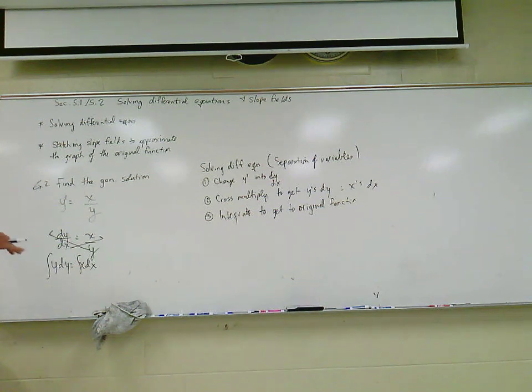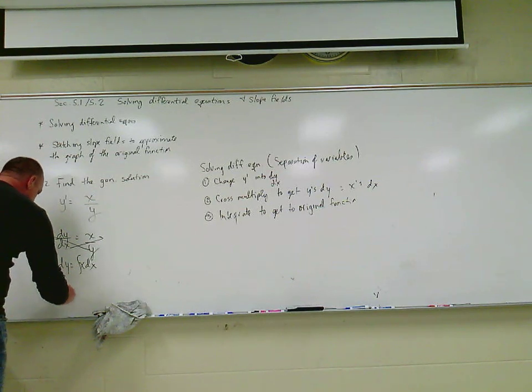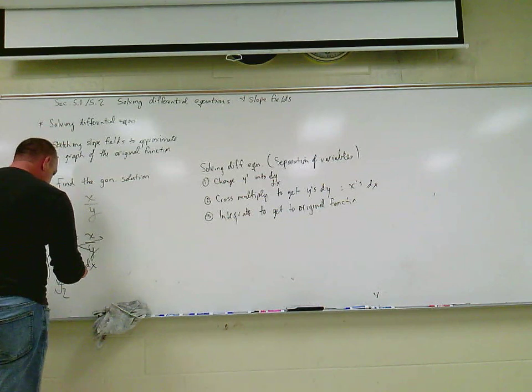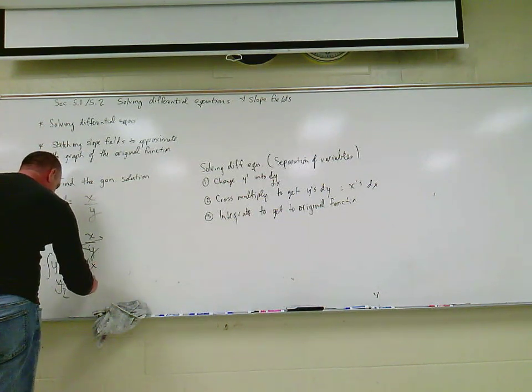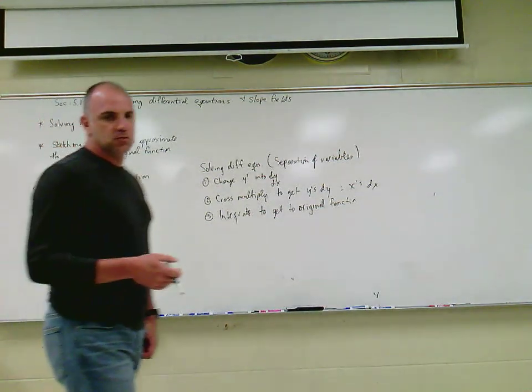Since the left has a y with it, I still have to do that. So what's the integral of y with respect to y? We would say y squared over 2. What's the integral of x with respect to x? We're going to say x squared over 2 plus some constant. I'm going to call it C1 because it could change as I go to solve.